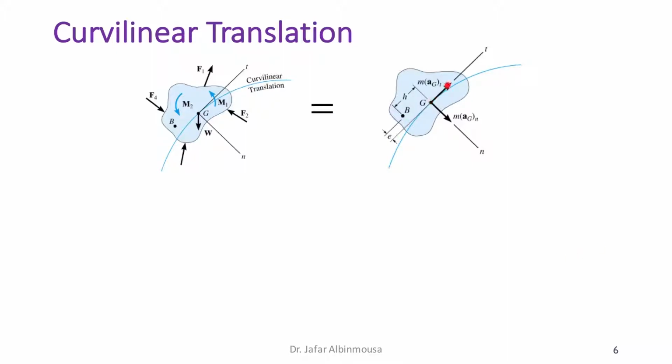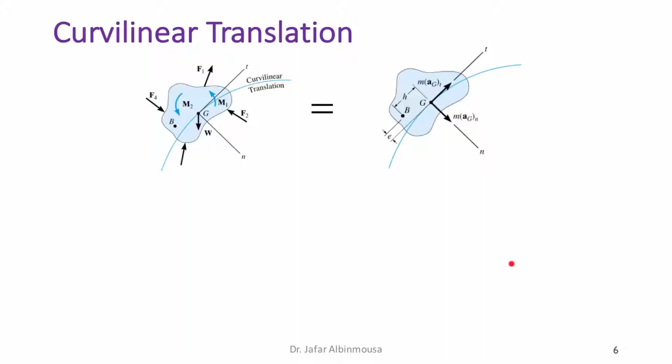So the tangential acceleration, which is represented by this vector in the kinetic diagram (this is the kinetic diagram, this is the free body diagram), is m(aG)t, which is tangent to the path, and it is represented at the center of gravity. And then the normal component is pointing toward the center of the rotation.